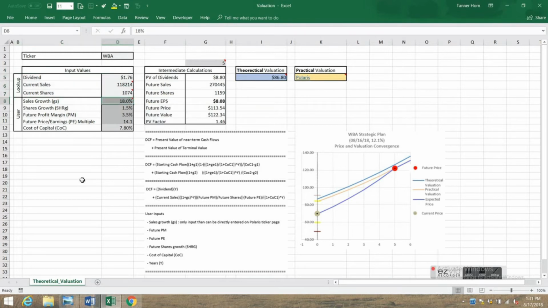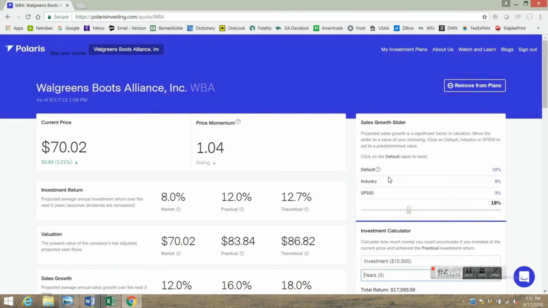And then you get down to the slider value. That's in dark gray, because that is the same value that you can enter on the Polaris website. Then these remaining inputs, these 4 here, and the number of years in the competitive advantage period, have to be entered implicitly, because the only mechanism you have on the Polaris website is the sales growth slider.